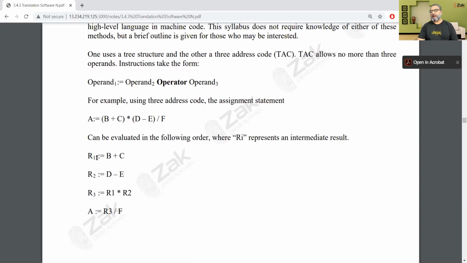So this would be like R1 is equal to B plus C, R2 is equal to D minus E, R3 is equal to R1 multiplied with R2, and A is equal to R3 divided by F. So get the idea. Do not pay attention to this last sentence, that it is not required by the syllabus.